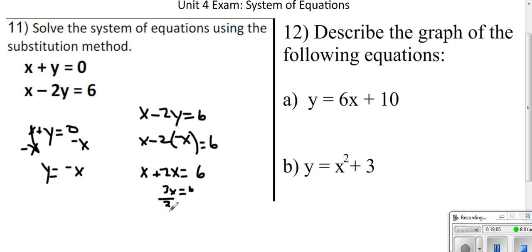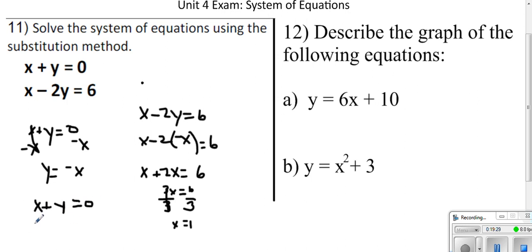Divide by 3. X equals 1. To get y, you just substitute into one of the equations. I would use the first one, x plus y equals 0.